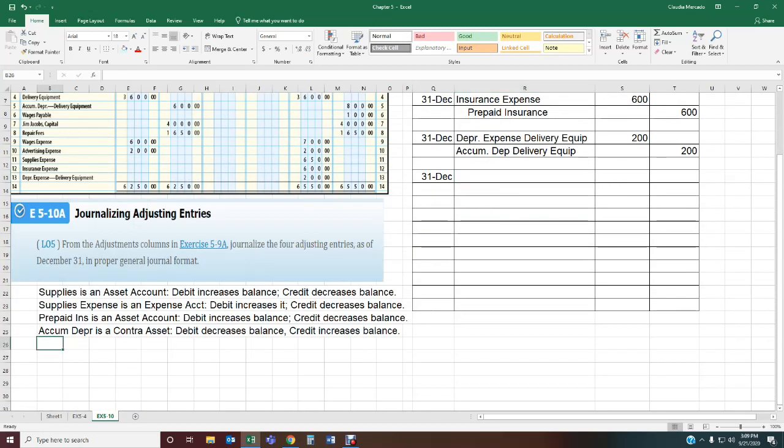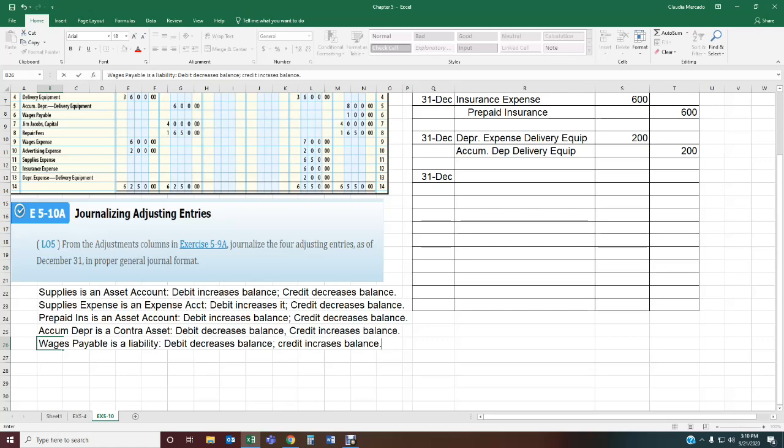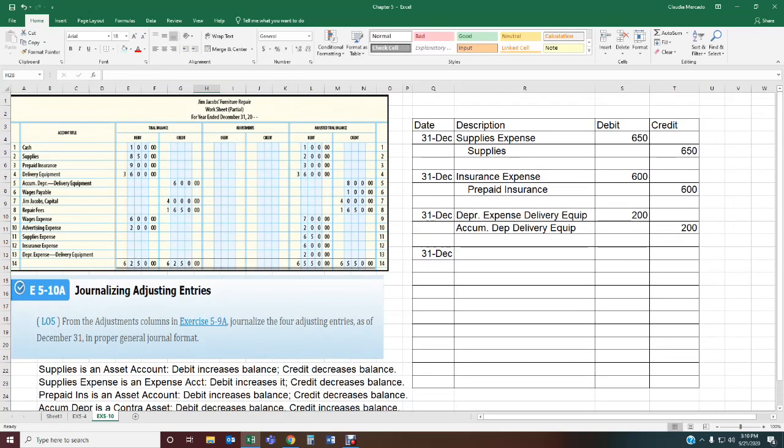Wages payable is a liability. A debit decreases the balance. A credit increases the balance. So what happened to my wages payable? I went from 0 to 100.